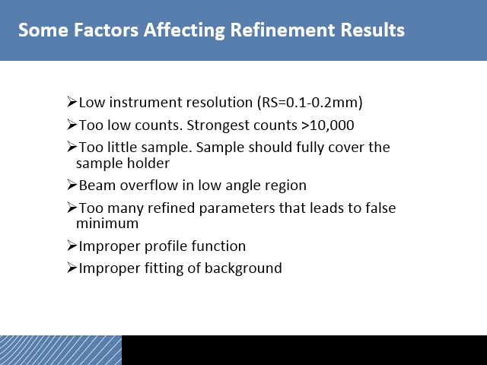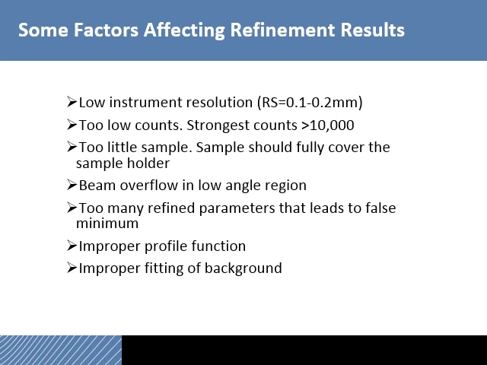You want to be careful of beam overflow in the low angle region. Beam overflow in the low angle region basically means, I think we talked about the fact that the beam diverges as it approaches the sample. At low 2 theta values, the beam will actually spill off the sample and come off the sample holder.